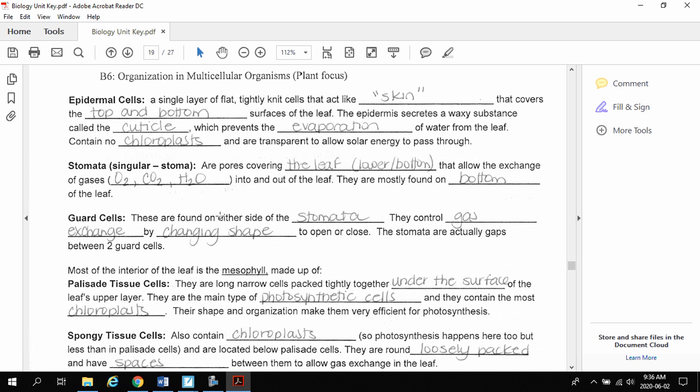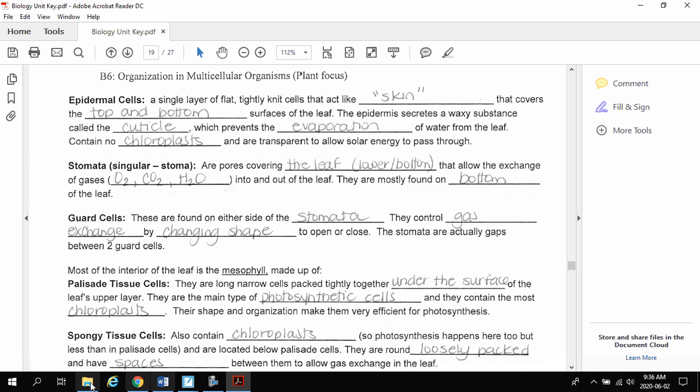So the epidermal cells. You need to refer back to that diagram on the last page to see what it's saying. So the upper epidermis and the lower epidermis are a single layer of flat, tightly knit cells that act like skin. Our epidermis covers the top and the bottom surfaces of the leaf. The epidermis secretes a waxy substance called the cuticle.